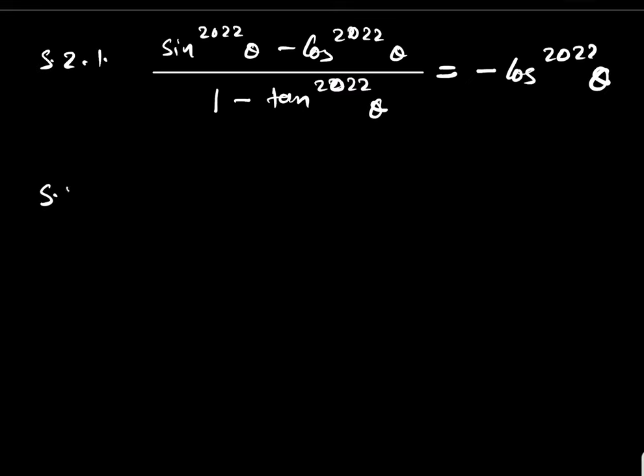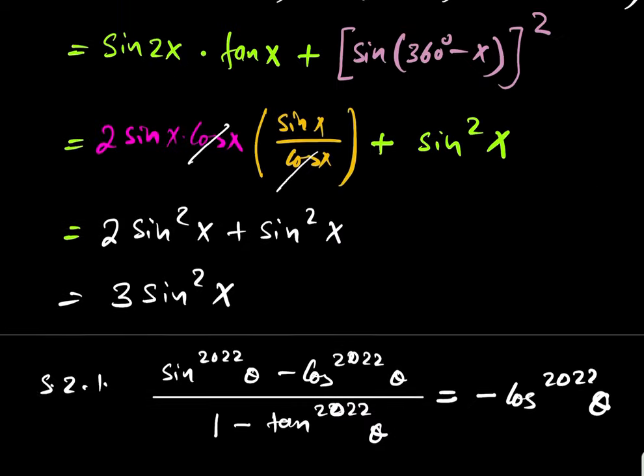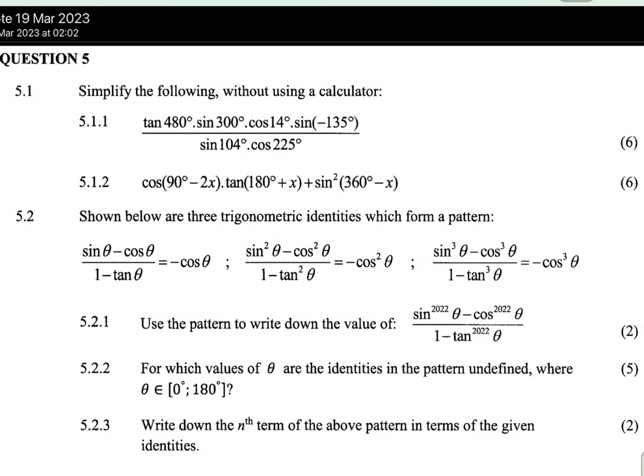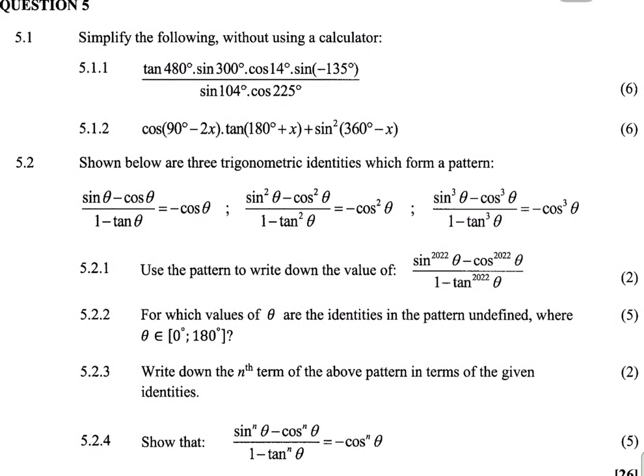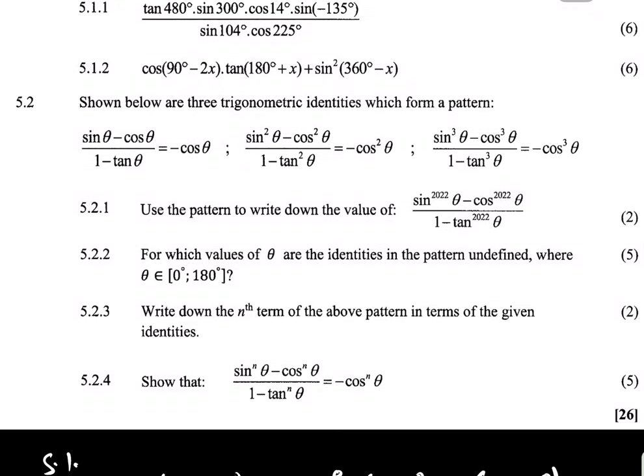And then now the next question, let's check what are they asking us to do there. The next question, they are saying that for which values of theta are the identities in the pattern undefined, where theta should only be, or the angle should only be, in between 0 to 180 degrees, inclusive of 0.